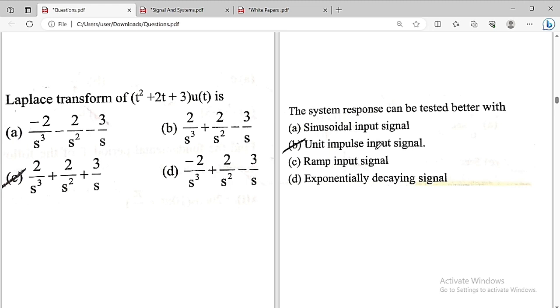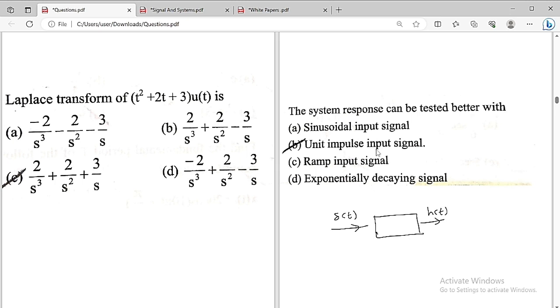We know the nature of the system response. By what thing can we get the nature of the system response? I already told you an important point. Suppose this is an LTI system. If we give a unit impulse signal, we are going to get the unit impulse response.